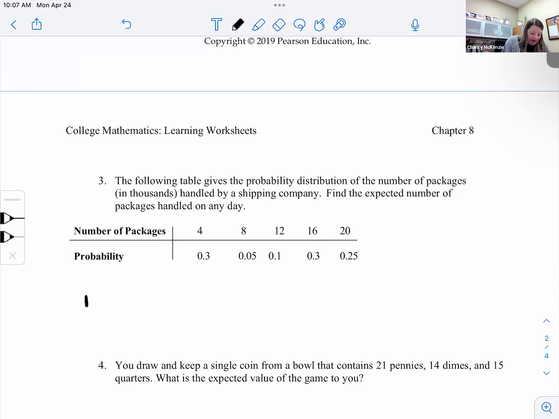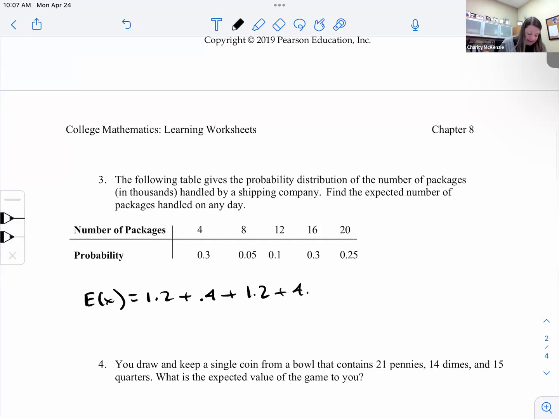So our expected value will be just timesing straight down. 4 times 0.3 is going to give me 1.2, plus 8 times 0.05 is 0.4. 12 times 0.1 is 1.2. 16 times 0.3 is 4.8. 20 times 0.25 is 5.